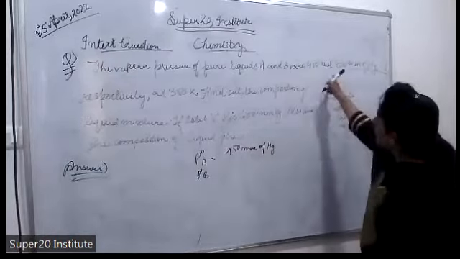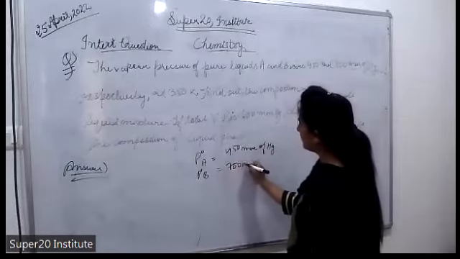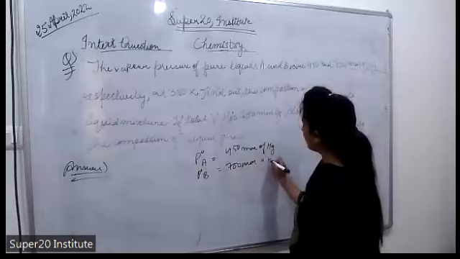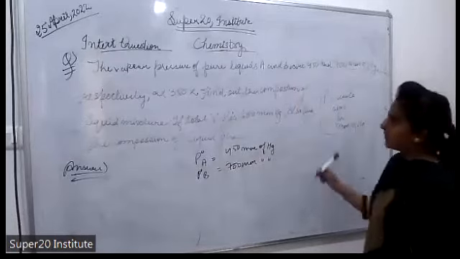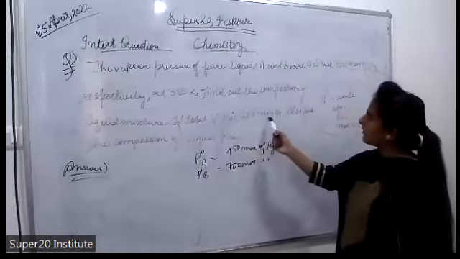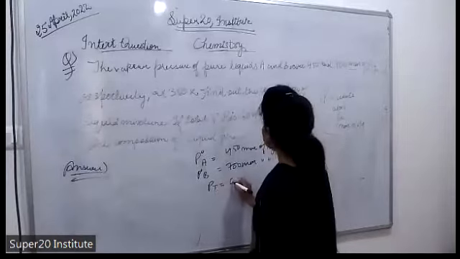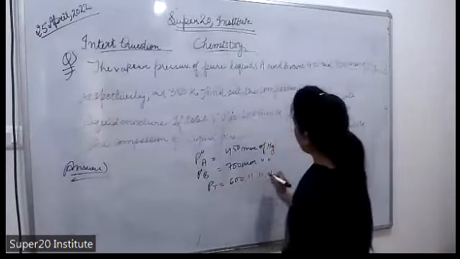Now for B, the value is 700 mm respectively. Find out the composition of the liquid mixture. If the total vapor pressure, P total, is 600 mm of mercury column.